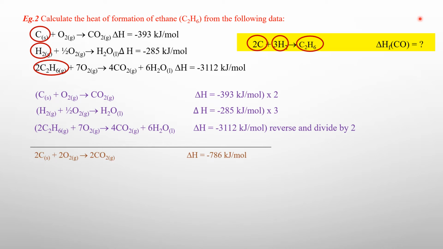Once we multiply the first equation by 2, we get 2 carbon plus 2 oxygen giving you 2 moles of carbon dioxide. The negative value is also going to change. Okay, and then equation number 2 we are multiplying by 3. This is what we get. Equation number 3, when we are reversing, the reactant becomes product and the product becomes reactant.